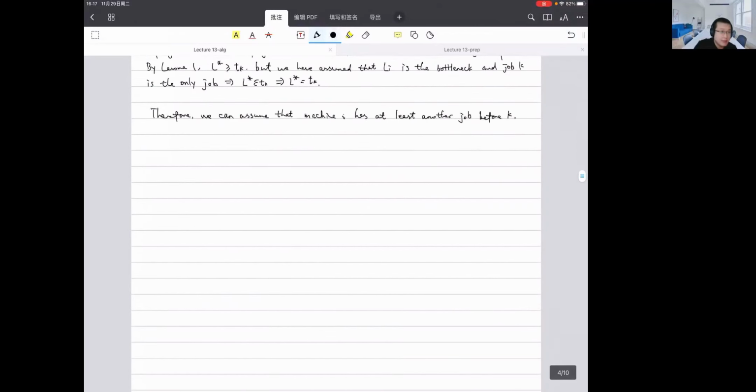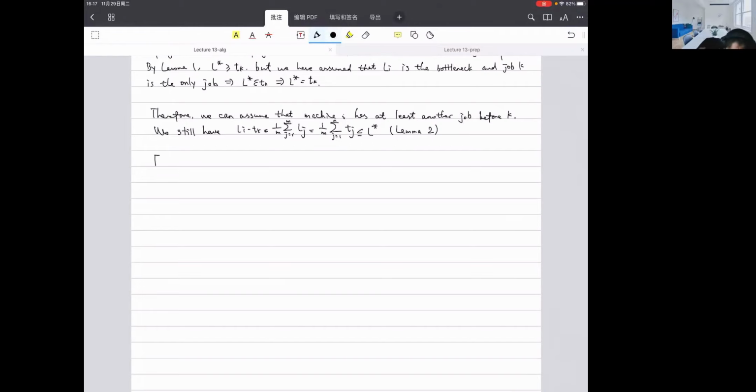We say that we are still going to have that Li minus Tk is smaller than 1 over m times the summation of pj from 1 to n, and this is smaller than L star. Recall this works by lemma 2. So this is still going to work.